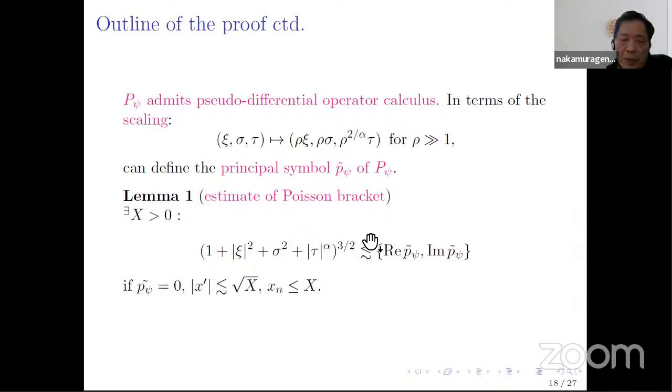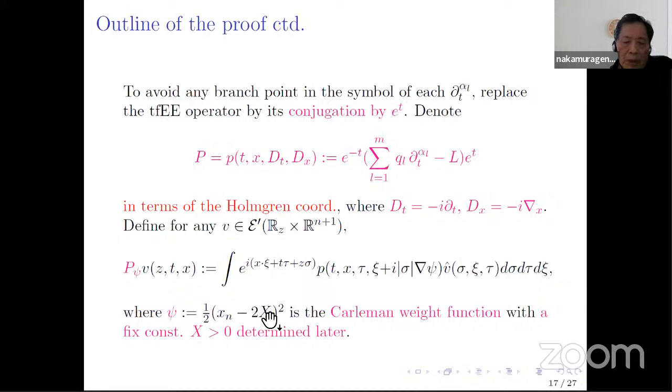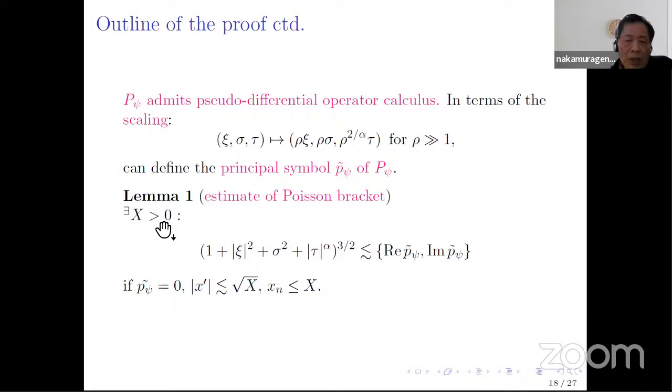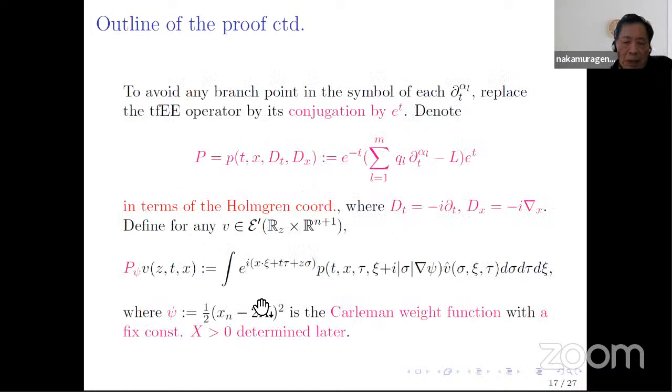Here, this symbol means modulo a positive constant of the usual, and this case is like smaller or equal. This inequality holds under the condition that p tilde of psi equals 0 and x prime and xn satisfy this condition. So the x I mentioned here, which will be determined later, is determined by this lemma. I'm going to take this x as the x here.